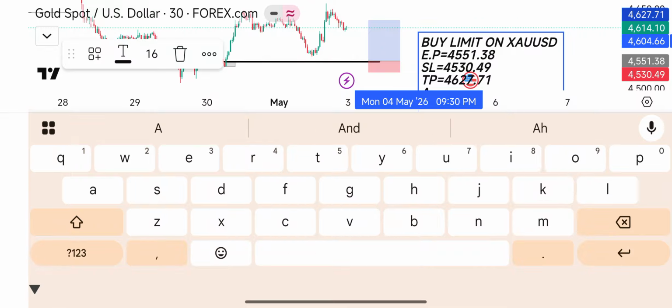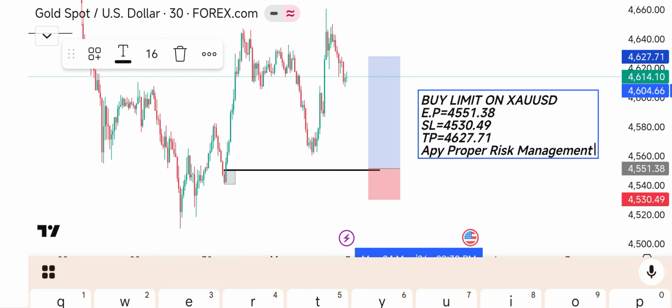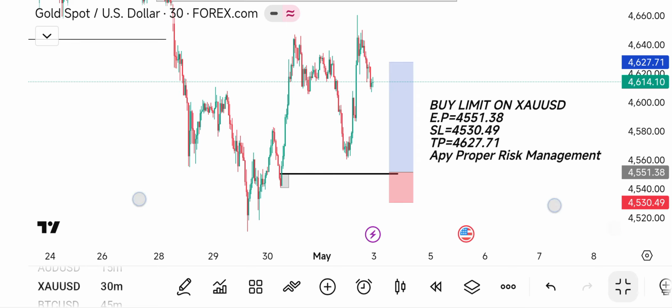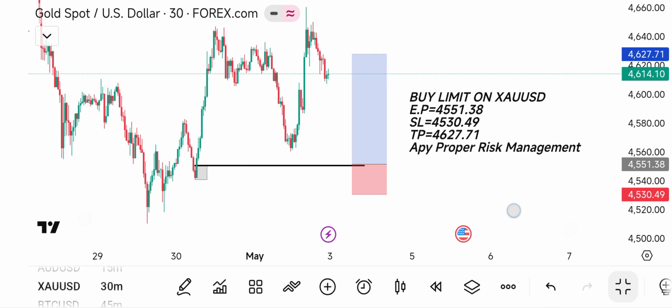Remember to always apply proper risk management. So that's it, this is our setup on XAUUSD.